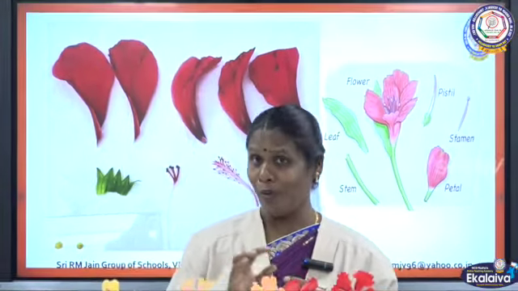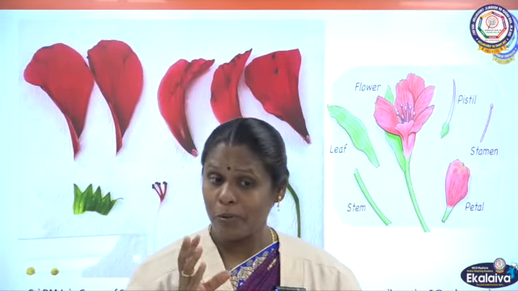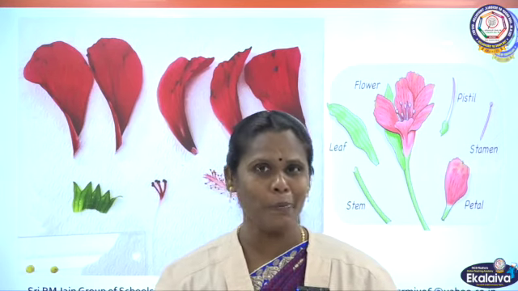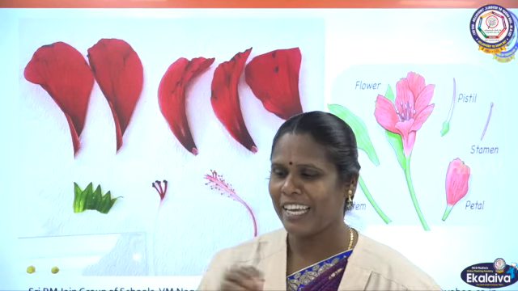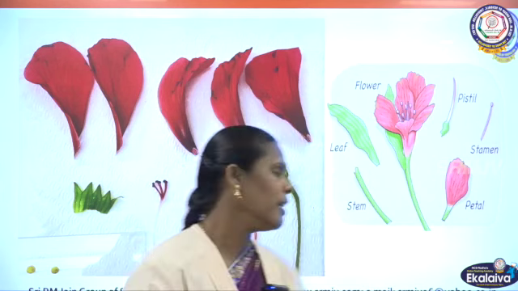So, this is a flower dissection on hibiscus plants. I hope you can understand the sepals, petals, male reproductive part and female reproductive part. You can also try at home, children. Okay? Shall we see the next slide?